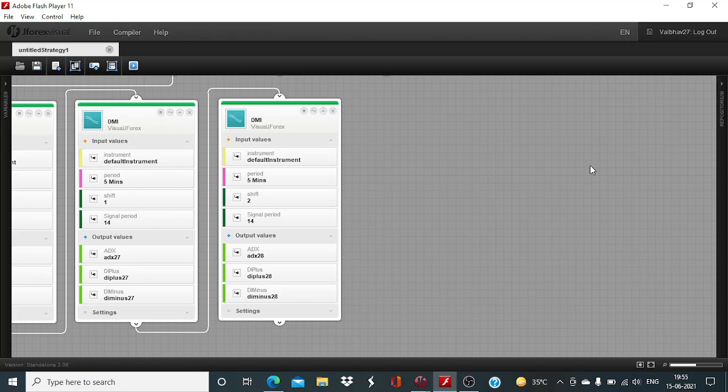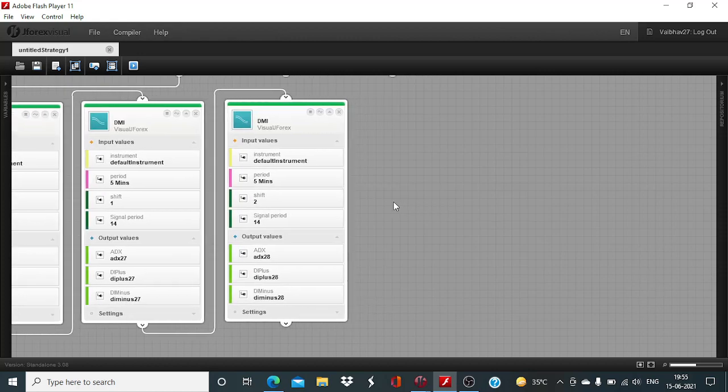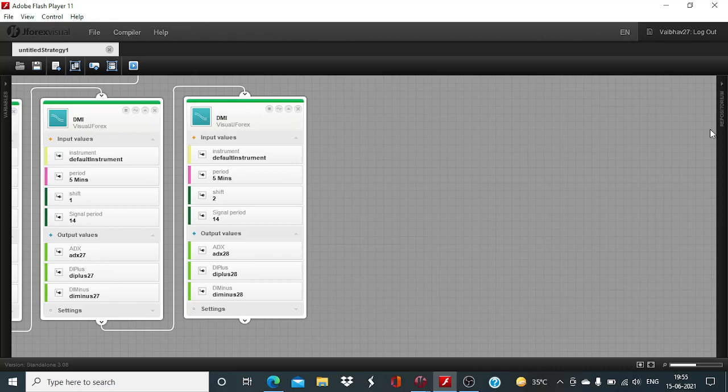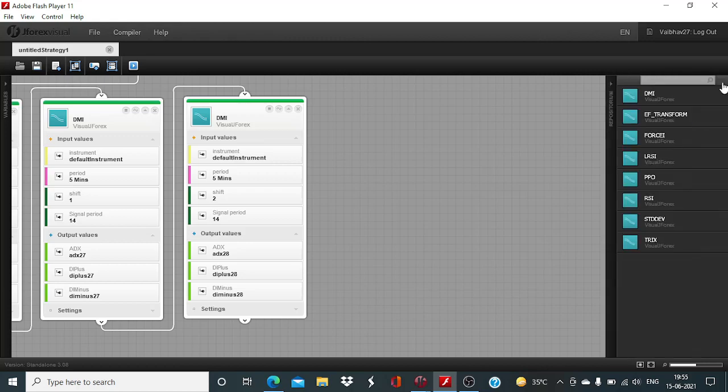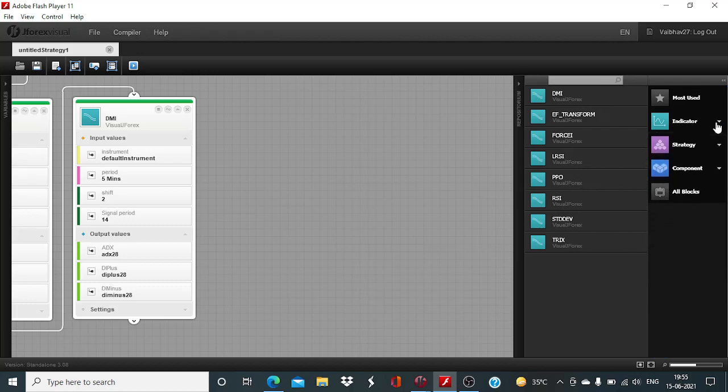Usually we take the difference of the last hourly or last 4 hourly candle's high and low, or closing and opening difference. But this time around we are simply relying on these DMI blocks, so we are not going to add those conditions. But to pinpoint the exact entry point, we will indeed have to take the help of the get historical candle. So for that, I will add 3 more get historical candle blocks.